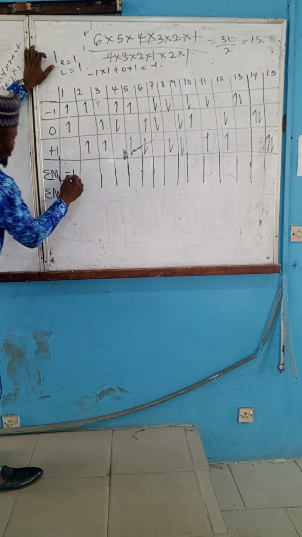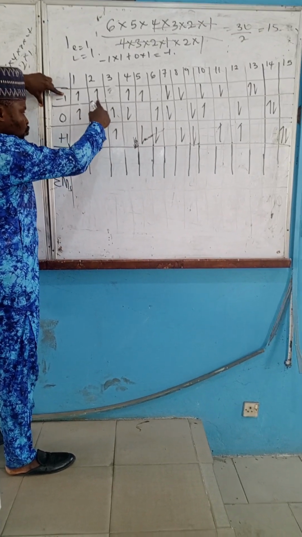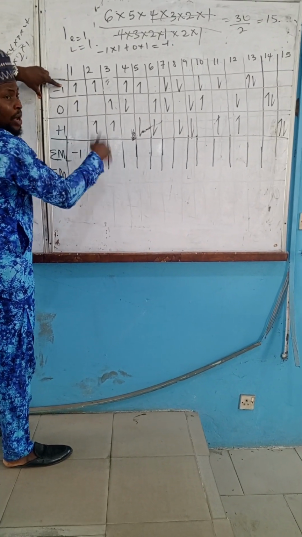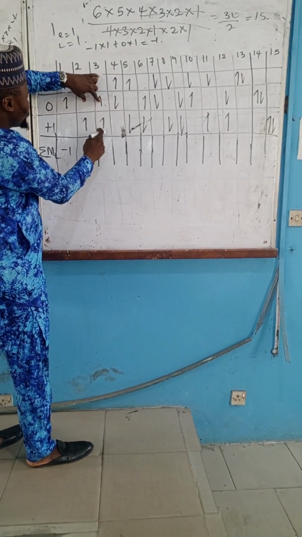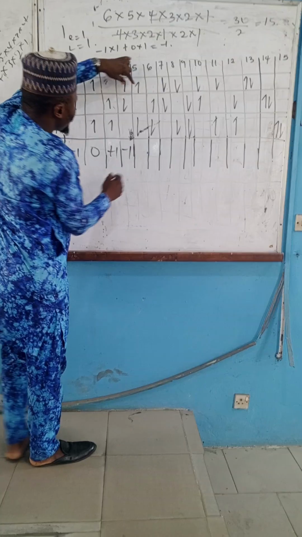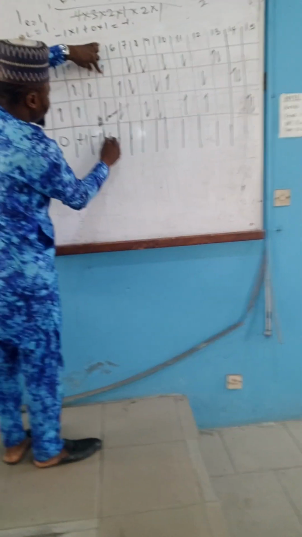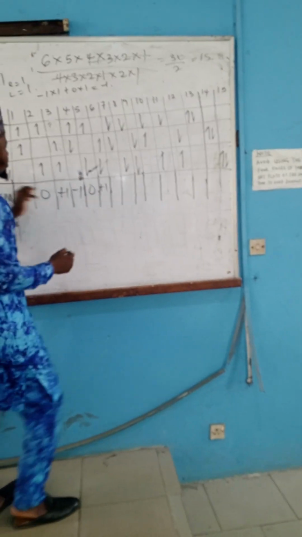So this is minus 1. Minus 1 plus 1 is 0.